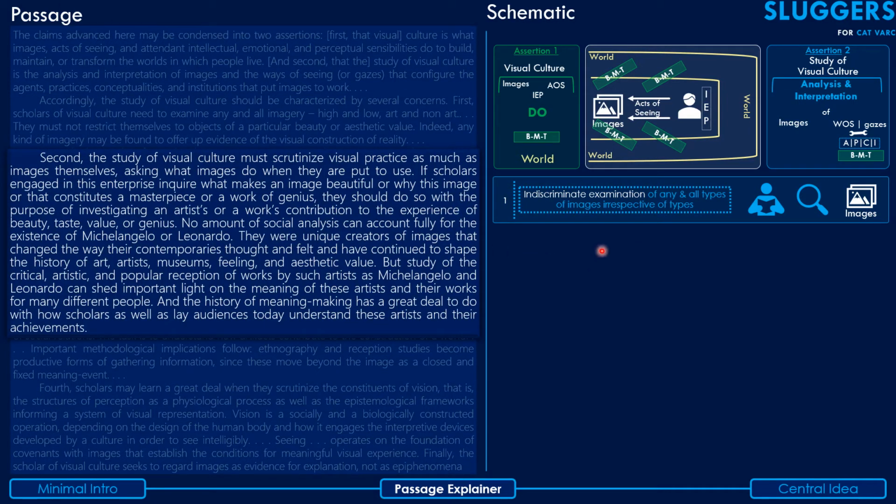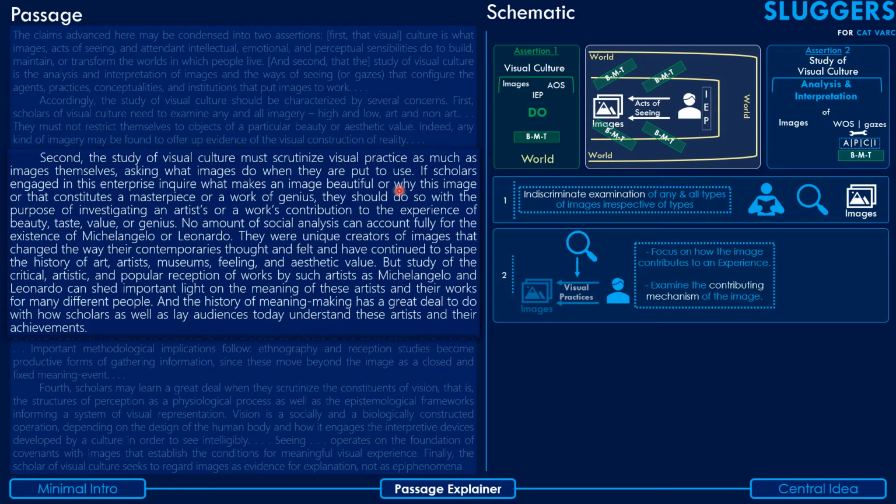Now in this paragraph, the author has continued his narrative of discussing the several concerns related to the study of visual culture. In the earlier paragraph, he talked about the first concern, and here he continues with the second concern. He says, "Second, the study of visual culture must scrutinize visual practice as much as images themselves, asking what images do when they are put to use.